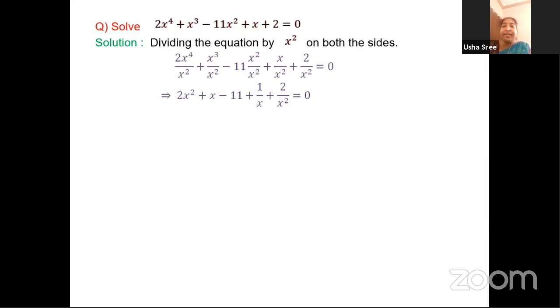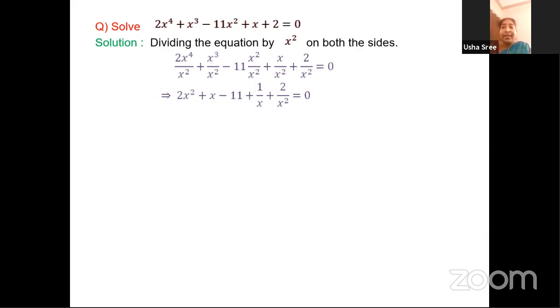That means each and every term on your left hand side, we will take with the denominator as x square. So 2x power 4 by x square plus x cube by x square minus 11 x square by x square plus x by x square plus 2 by x square is equal to 0.